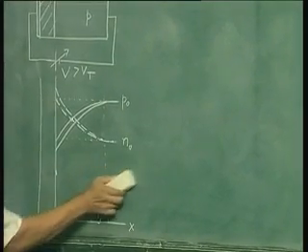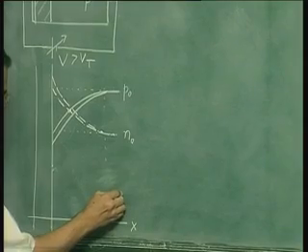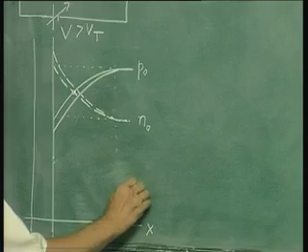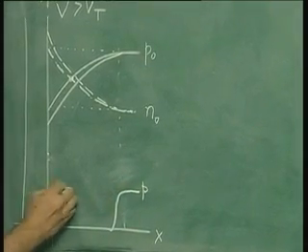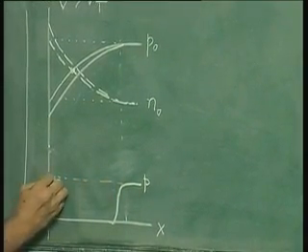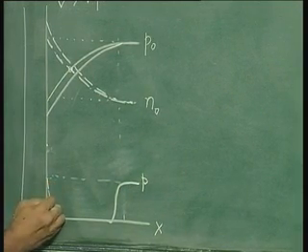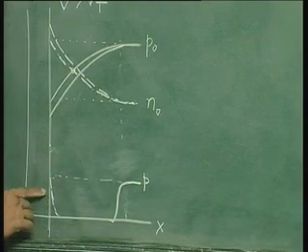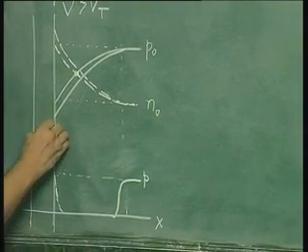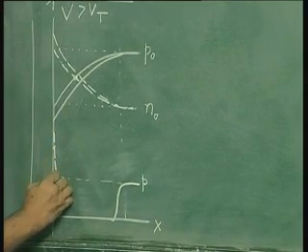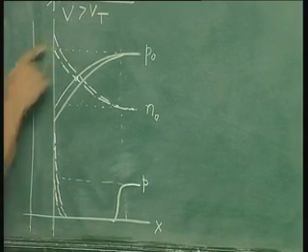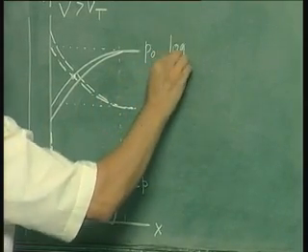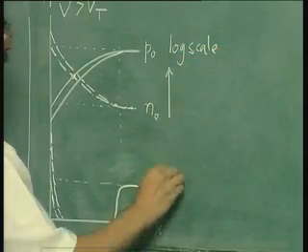Let us reduce this a little bit. So at threshold, this is what the electron concentration is, but beyond threshold it is somewhere here. Please note that this is on a log scale, whereas this is on a linear scale.